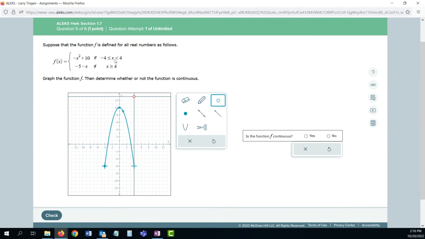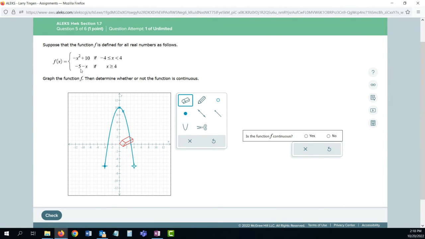But when x is 4, that's the other end of the parabola here, I have to put an open dot. And the reason for that is, why? Because negative 4 is included in this limit, 4 is not, right? So when x is negative 4, this is what I'm paying attention to.